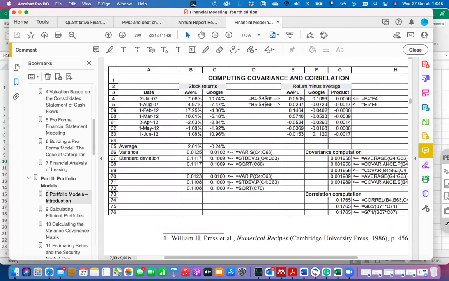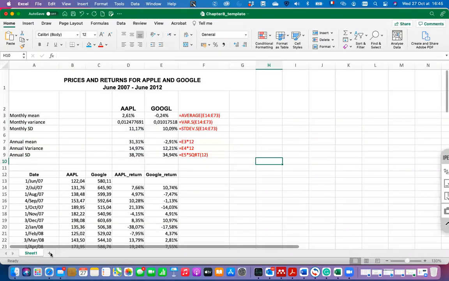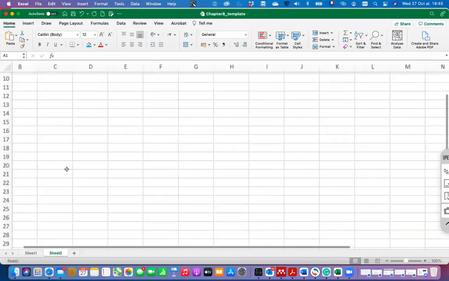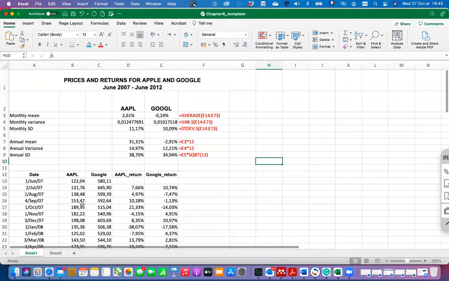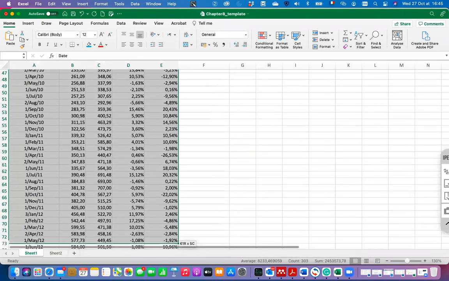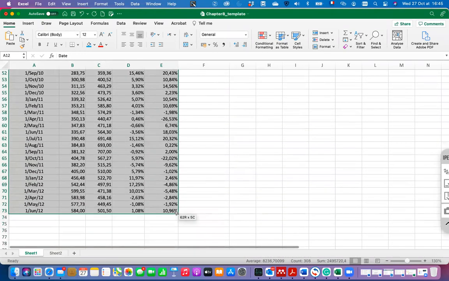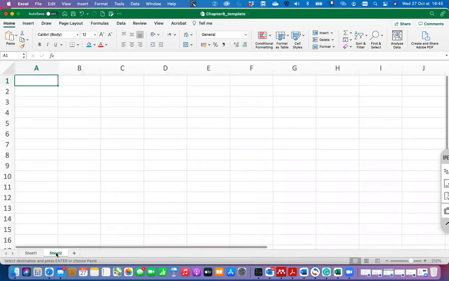So let's start. I will open a new sheet and call it sheet number 2. To save space and time, I will copy all these data and go here, and I will use special paste.